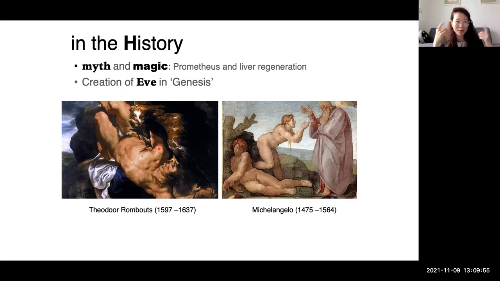So this is the concept of tissue regeneration. Amazing, right? People have always had this kind of thought, of being immortal. And on the right side, you will see a woman who comes out from the man. The man is Adam, and this is Eve.